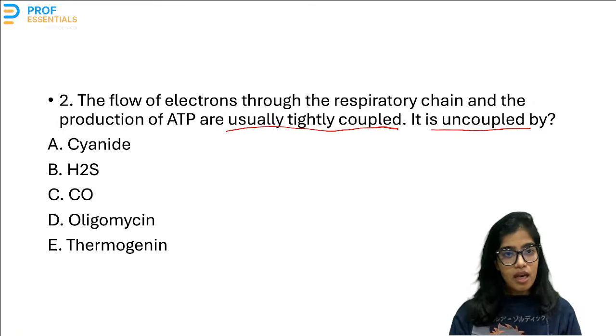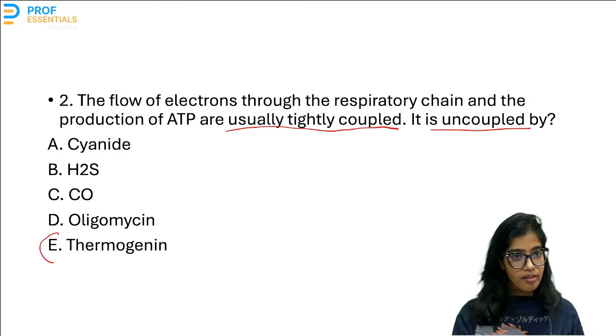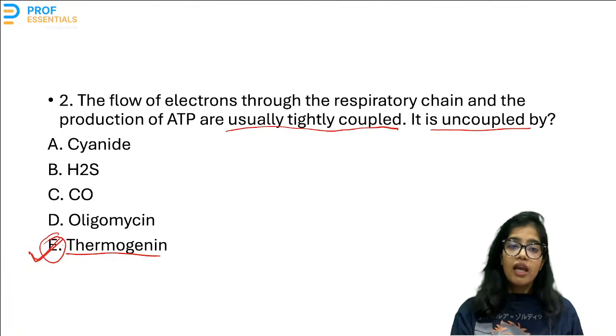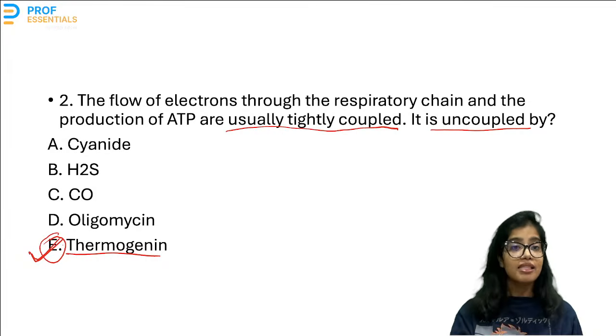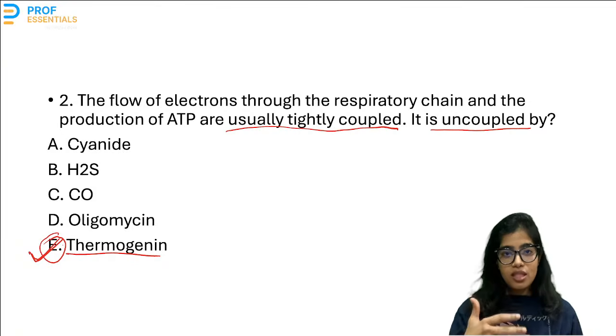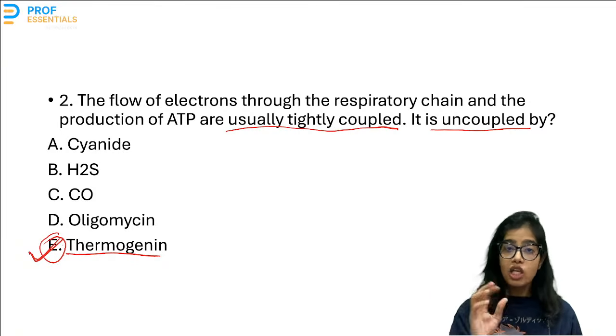So the uncoupler out of all of these is E, thermogenin. Thermogenin is present in humans in brown fat, that is on the nape and between the shoulders, especially in neonates and infants. And thermogenin produces heat by non-shivering thermogenesis.